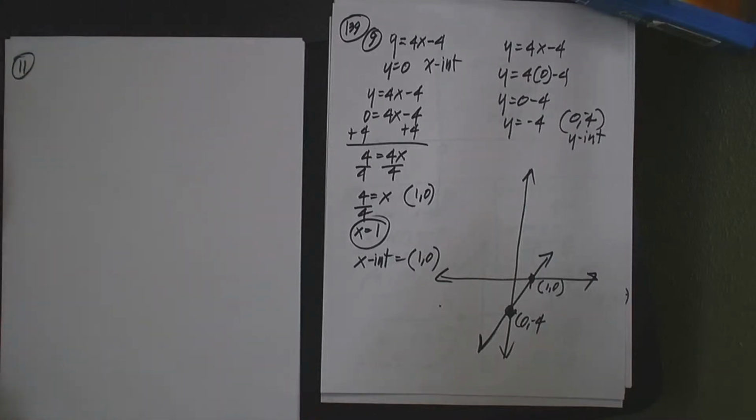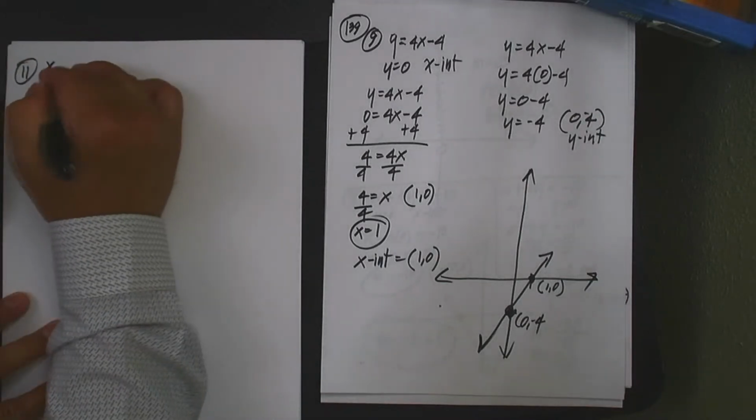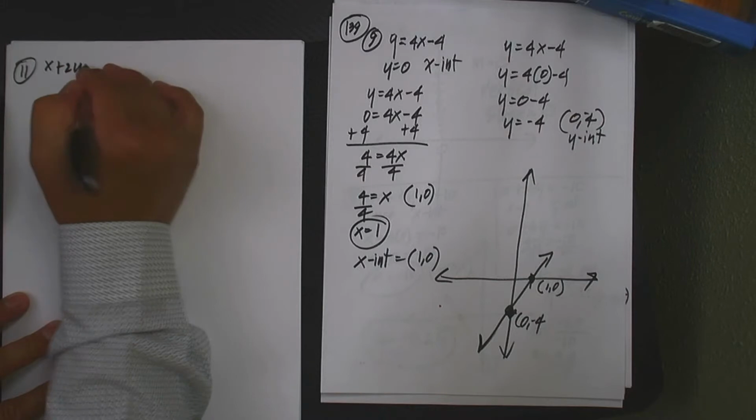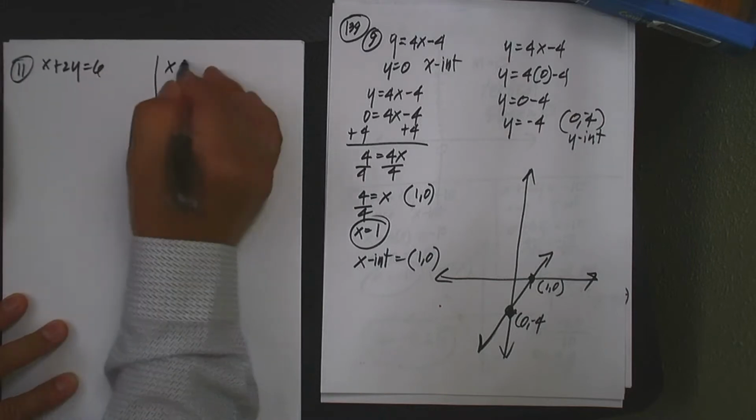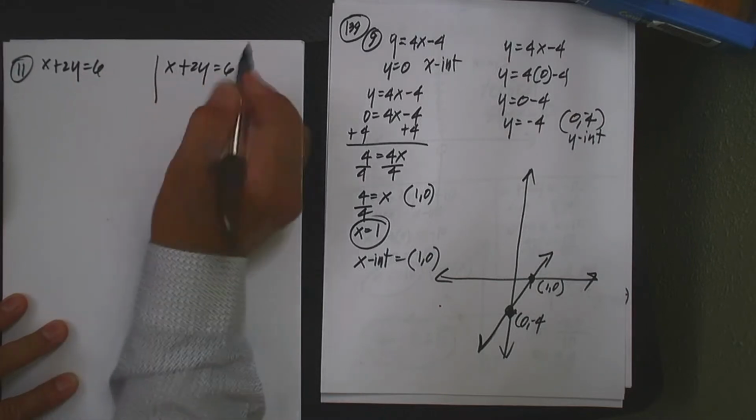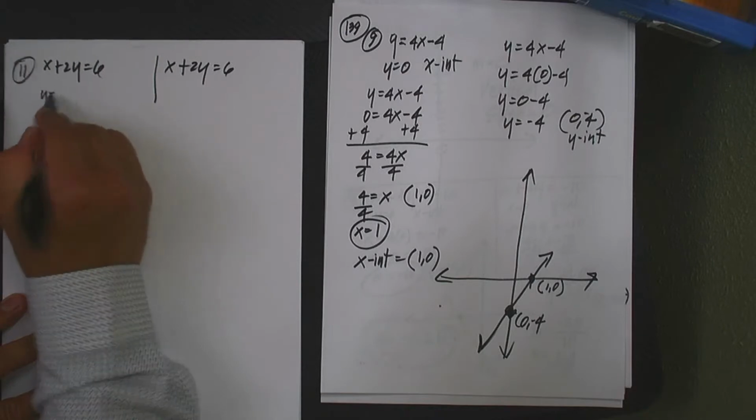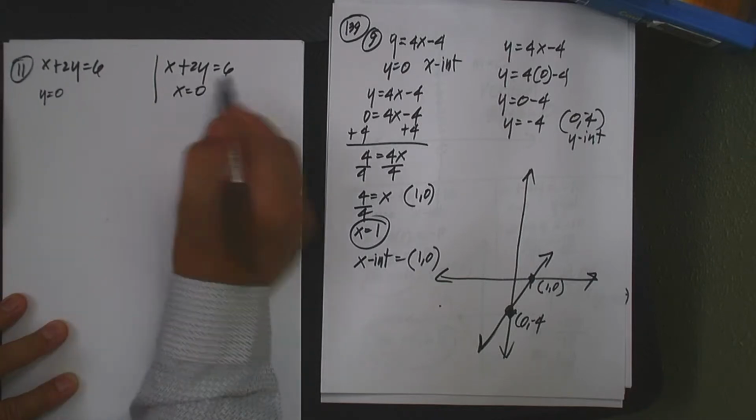Okay, number 11 is x plus 2y equals 6. So x plus 2y equals 6. Your y equals 0 to find x, and x equals 0 to find y.